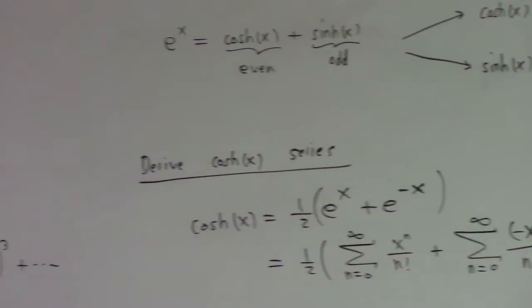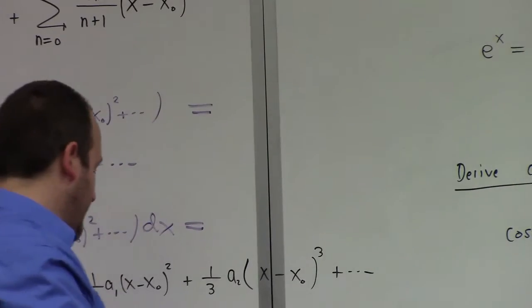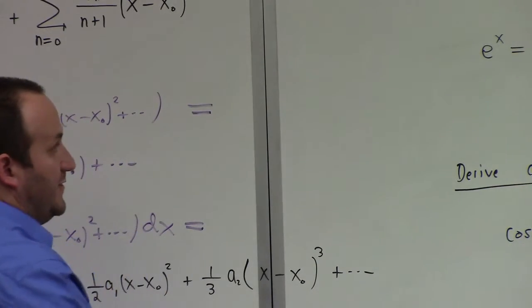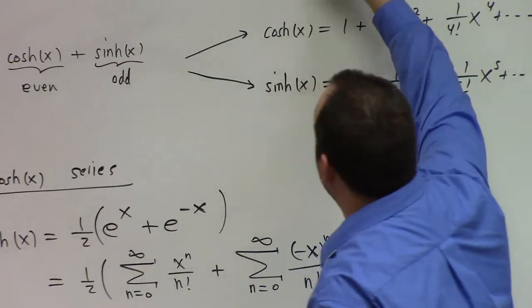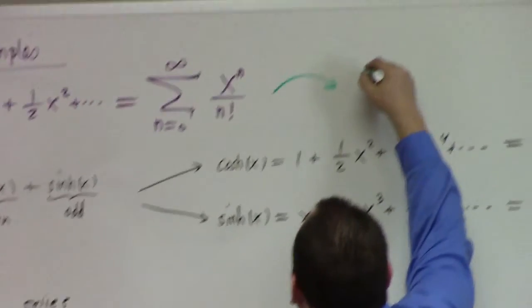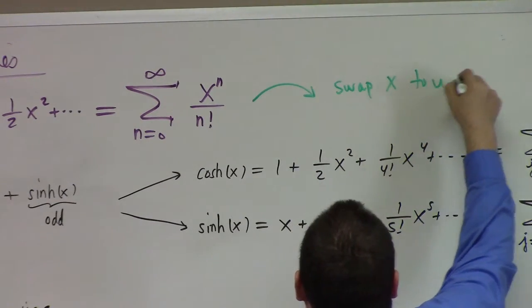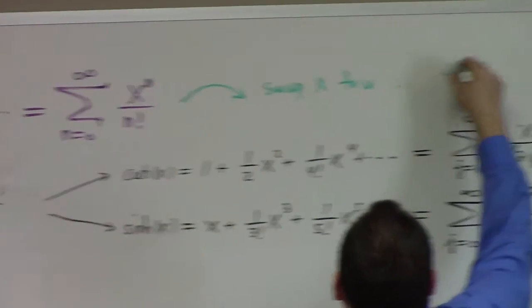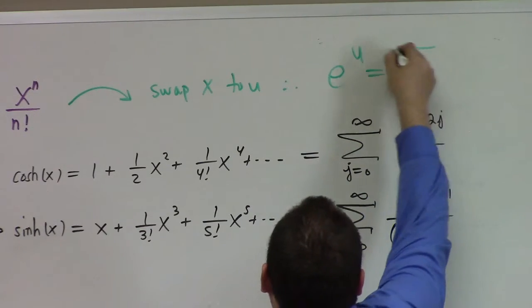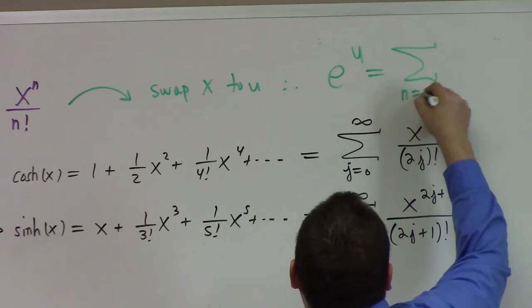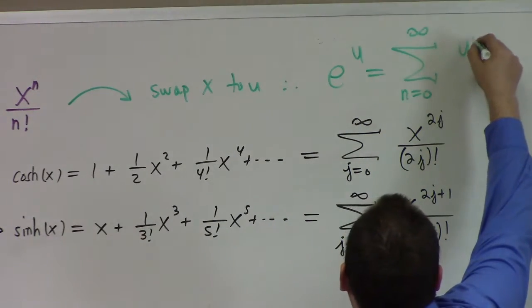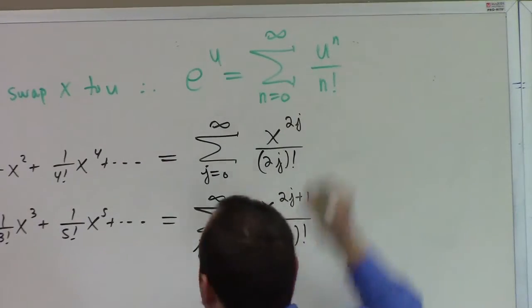Something I should point out here, guys, something even more important than what I've written, is to understand the substitution principle, which is that I can replace x with u and get e to the u is the sum n equals 0 to infinity u to the n over n factorial, right?